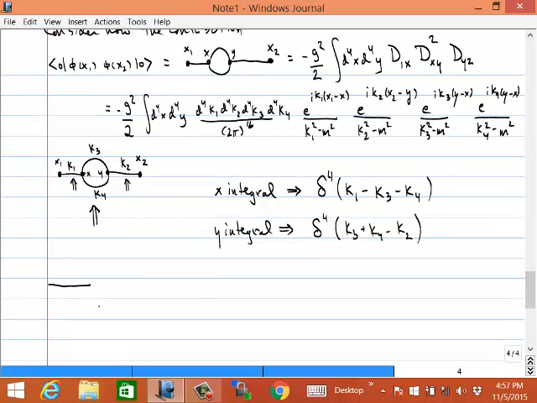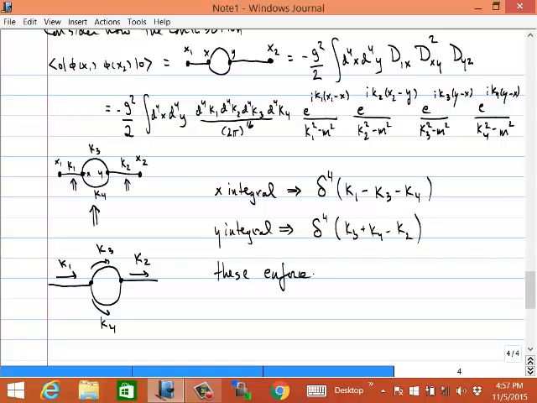You can think of the diagram as being associated with some particle with a momentum k1 that's propagating like this, that splits into two particles with momentum k3 and k4, which then recombine into some final particle with momentum k2. And these delta functions just enforce momentum conservation at each one of those vertices.